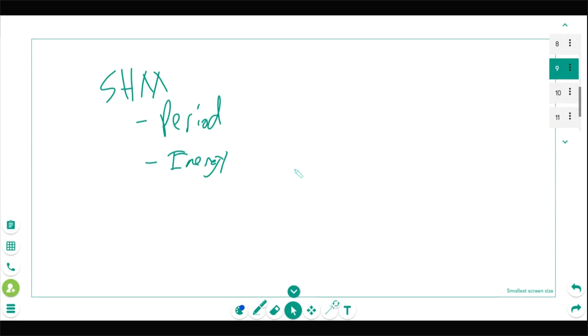PE_s turns into KE, turns into other stuff like that going through. And then you probably also want to know your F equals MA stuff, and then acceleration, velocity, position, your graphs. Your acceleration will be 0 at the equilibrium, then go up high and down low and around.